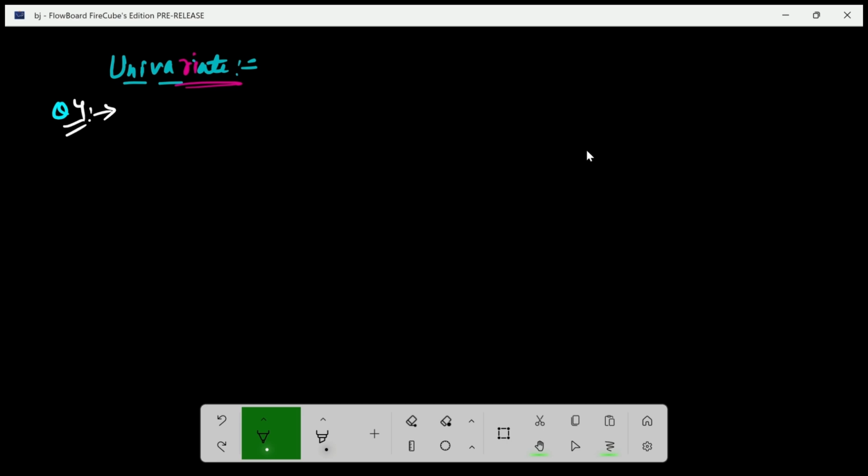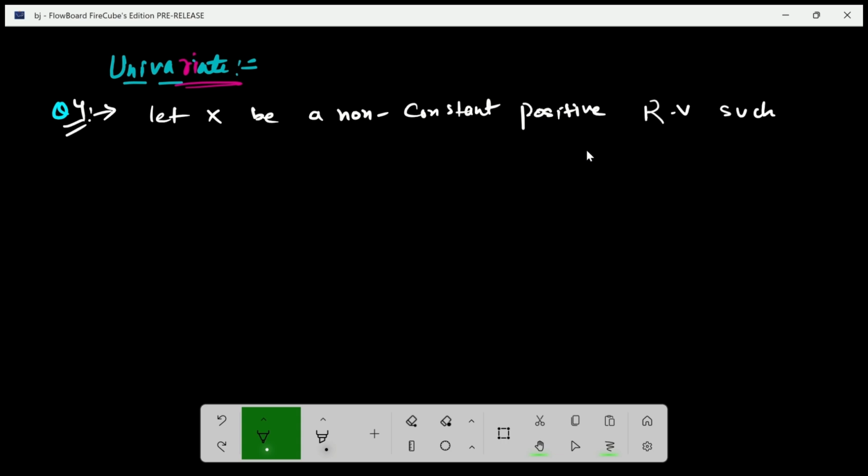Let's see one more question. The question is: let x be a non-constant positive random variable such that expectation of x is equal to 9, then which of the following is true?